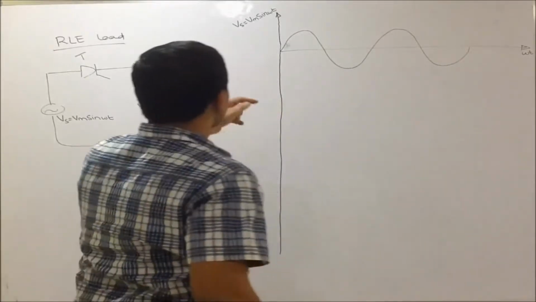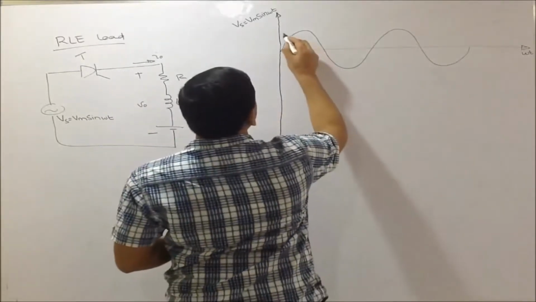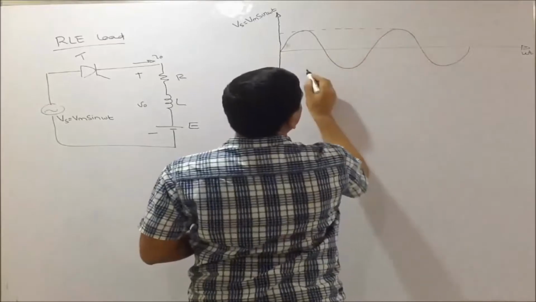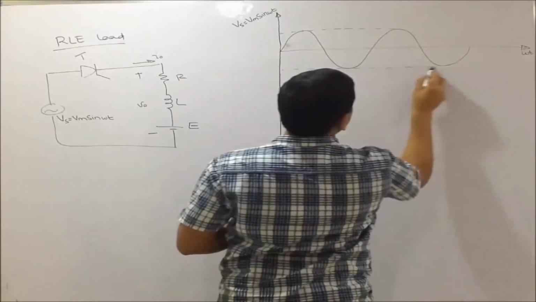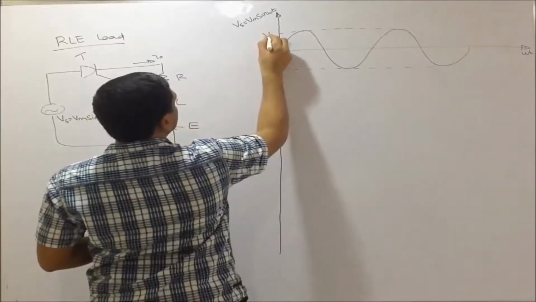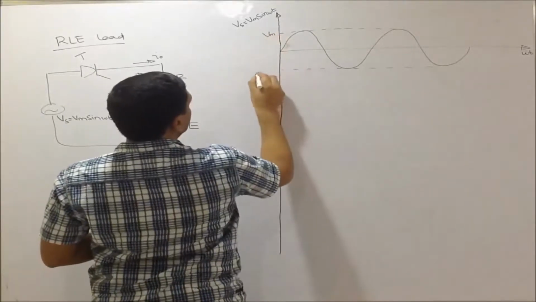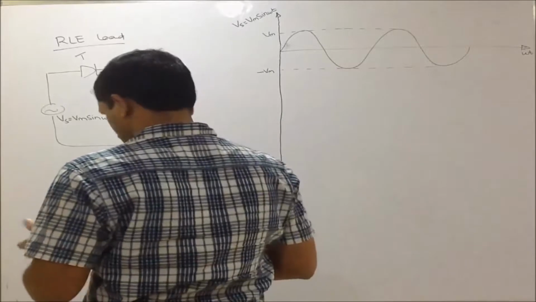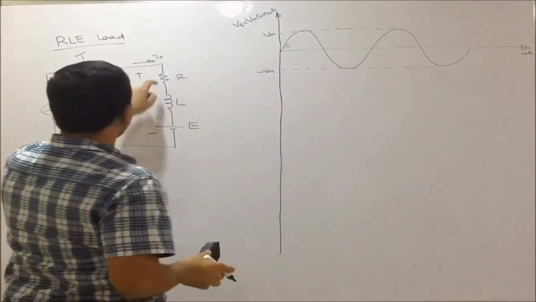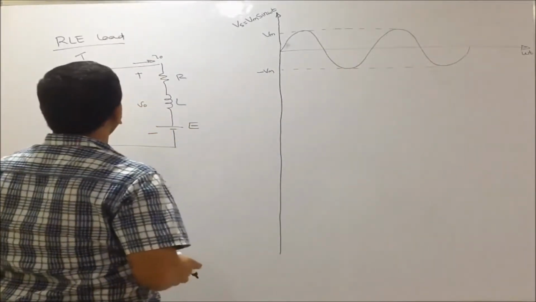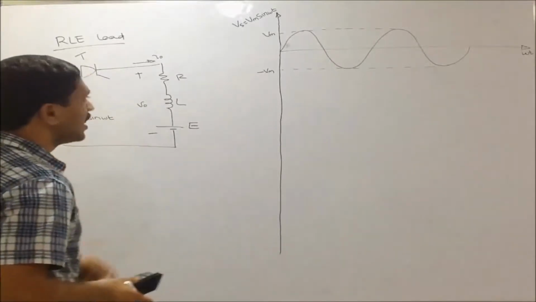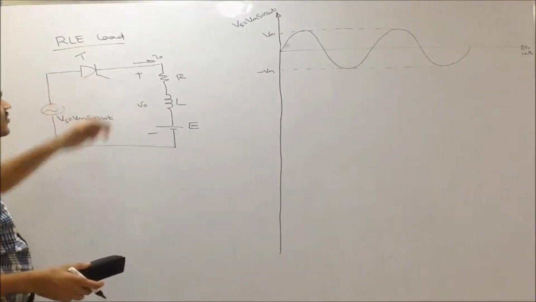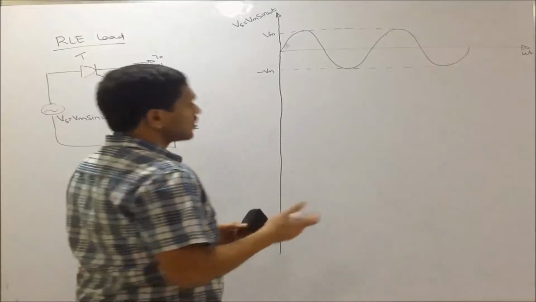This is my Vs. Vs is Vm into sin omega t. This is positive max and this is negative max. While discussing RE load, we have seen when the SCR is forward biased and when the SCR is reverse biased. The same thing we are looking here also.